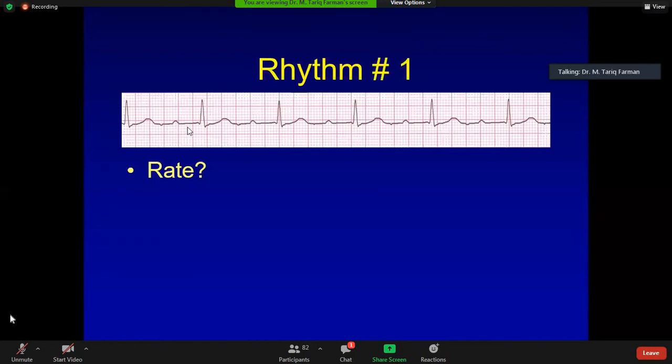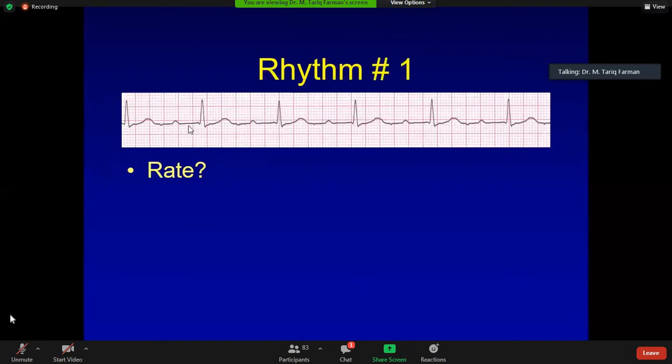If you count the boxes, one, two, three, and then five, there's eight, and 8, 9, 10, 11. The 11 small squares. It is definitely prolonged. So there is constant AV nodal delay, abnormal AV nodal delay inside the AV node.